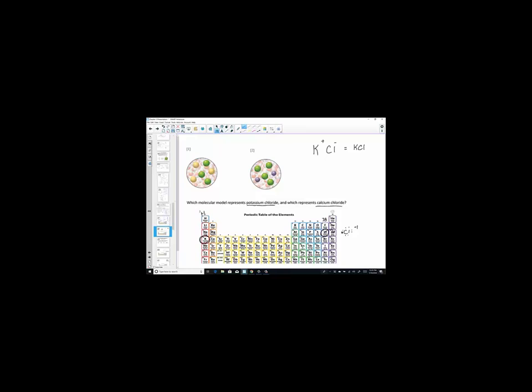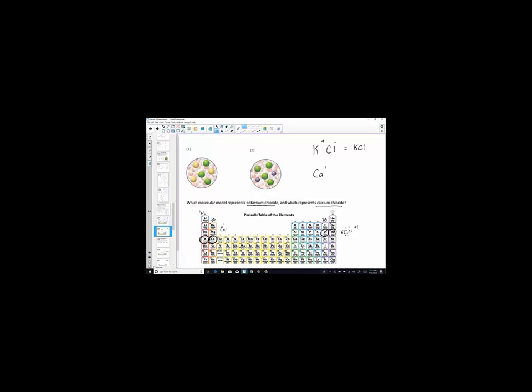How about calcium chloride? Right next door to potassium is the element calcium. Potassium, number 19, number 20 is calcium. Notice its column is a +2, meaning it has 2 valence electrons. It wants to lose 2 electrons then to become like a noble gas of argon.